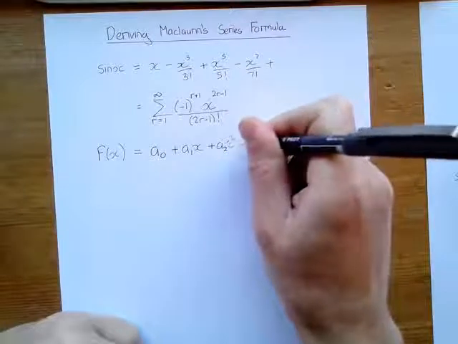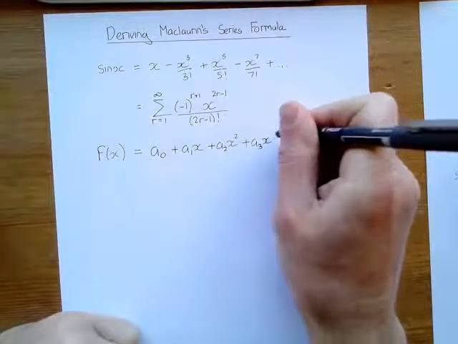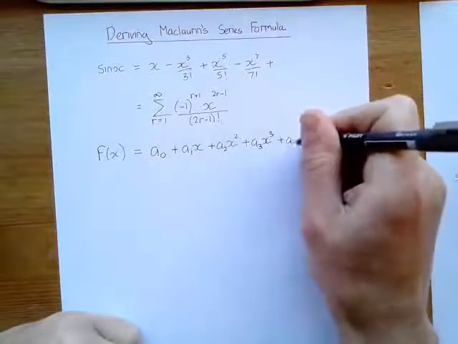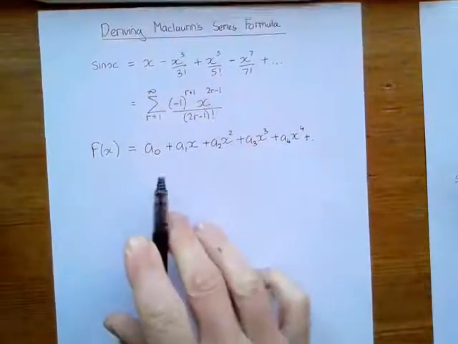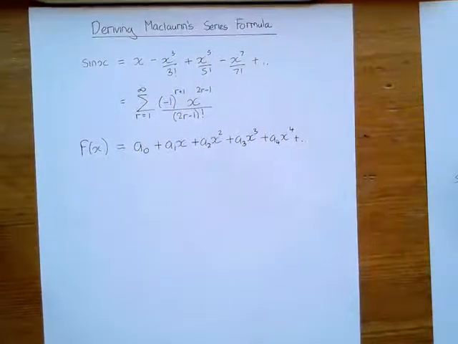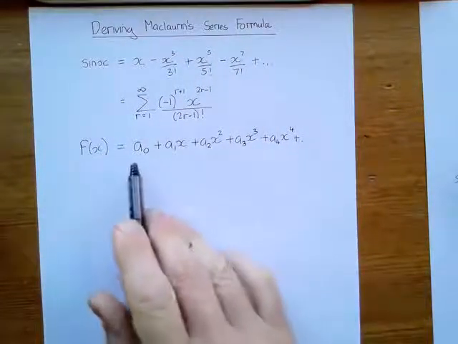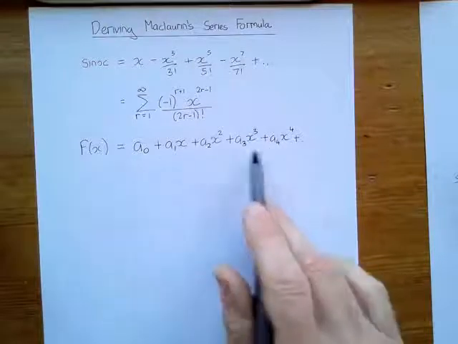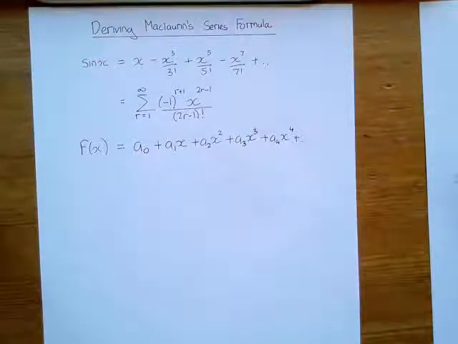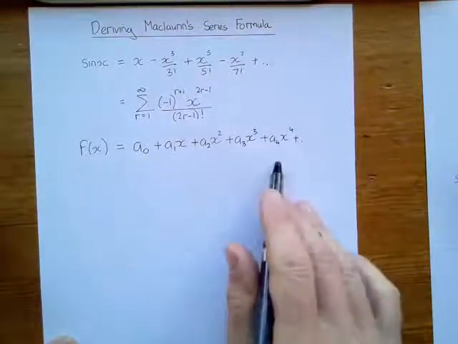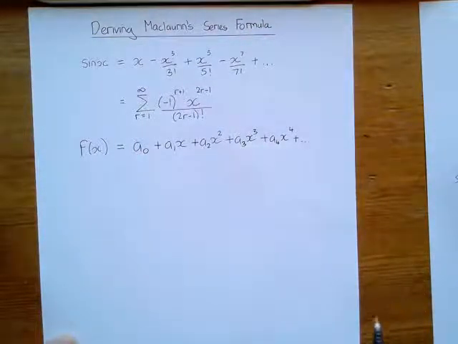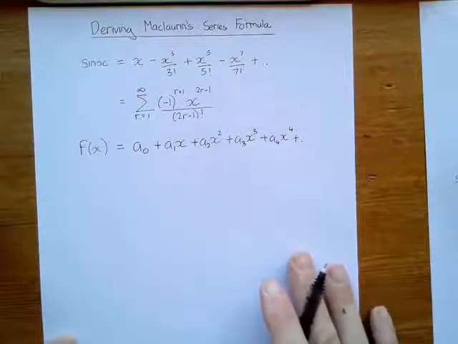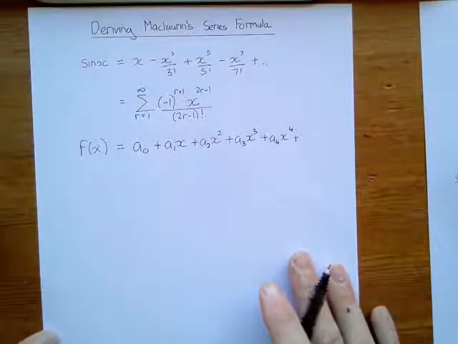My infinite polynomial, I'm just going to go up to x to the power of 4, contains powers of x going up from a constant with a coefficient in front of them, a number in front of each of the terms. And that would be f of x if it was possible to write a function as an infinite polynomial.